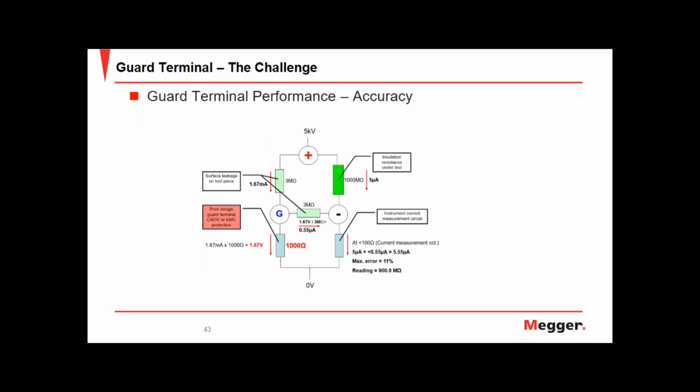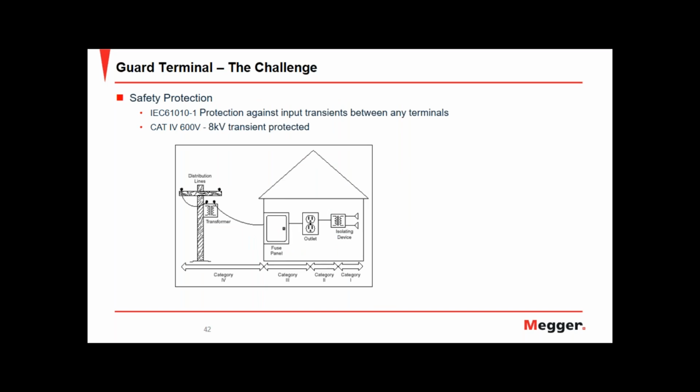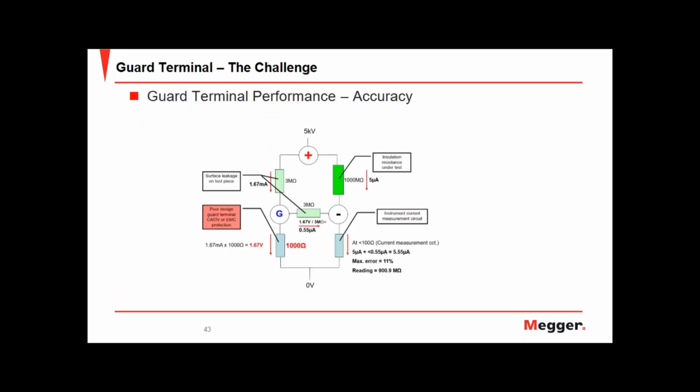So a way in which this can be done, we need to protect the instrument and the user from these transients. We need to employ some technology within our terminals to ensure that nothing is transmitted to the instrument or to the user, who could be pressing a button or turning a knob at the time of that transient.